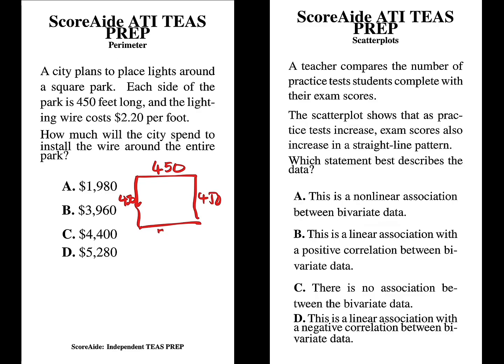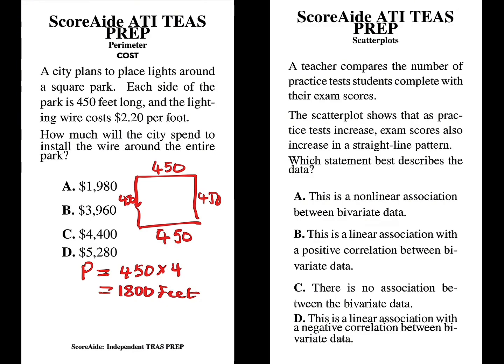450 feet, right? So we have to look at the perimeter. The perimeter is going to be equal to 450 times 4, right? So we're going to have a total perimeter of 1,800 feet, right?